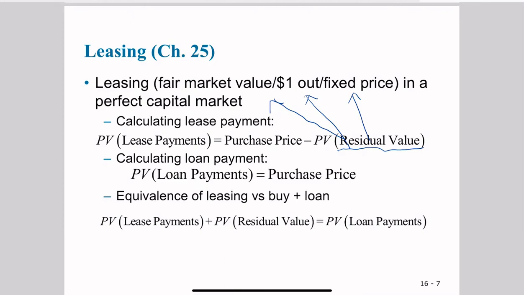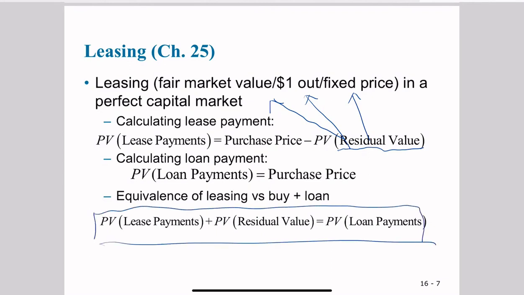And then because in this perfect capital market, lease and buying with a loan are essentially the same, we will have this equivalence result. That is, you first pay the lease payments, and after the lease ends, you will purchase the asset at its residual value.